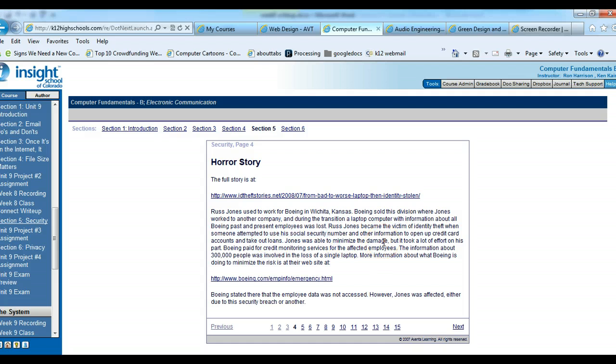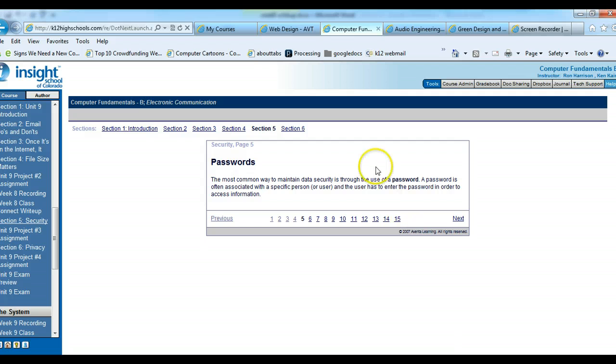He was able to minimize his damage, but Boeing ended up paying for credit monitoring services for the affected employees. For 300,000 people, they had to buy credit monitoring services just to make sure their personal credit wasn't affected because of this breach in information safety. So you can see what Boeing had to do for all those employees.